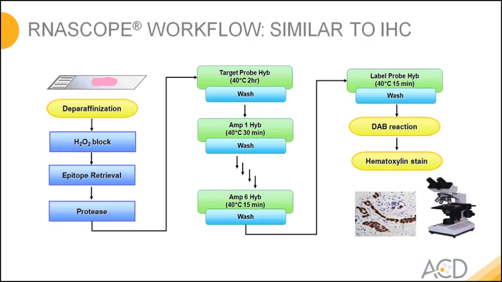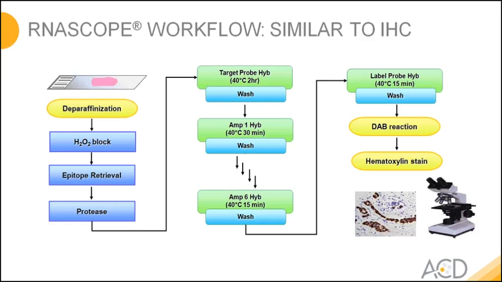On the left-hand side, you do the preparing steps: deparaffinization of the slide, blocking the endogenous peroxidase activity, a boiling step for epitope retrieval to reverse some of the formalin cross-linking, then a protease step to open up the tissue. And then in the middle, instead of incubating with antibodies, we build our Christmas trees. On the right-hand side, we do the chromogenic reaction, then counterstaining, and in about 8 hours, you complete the assay and have your results.